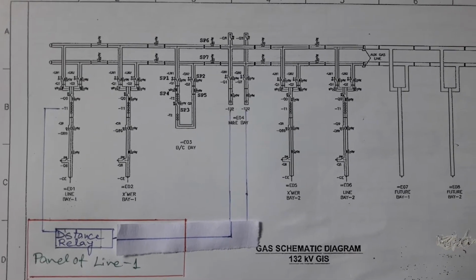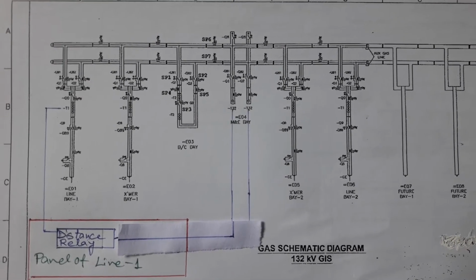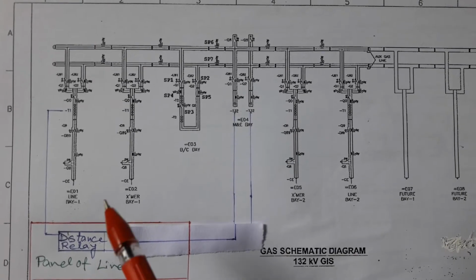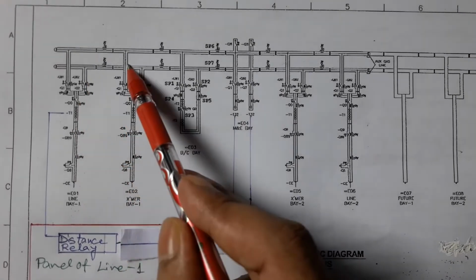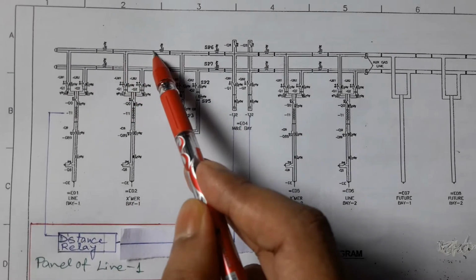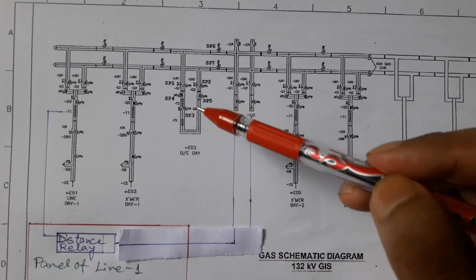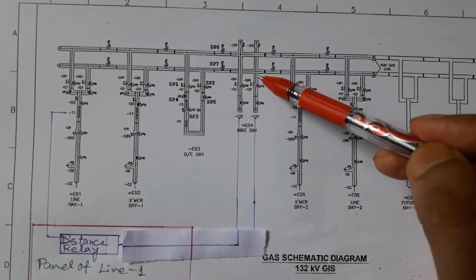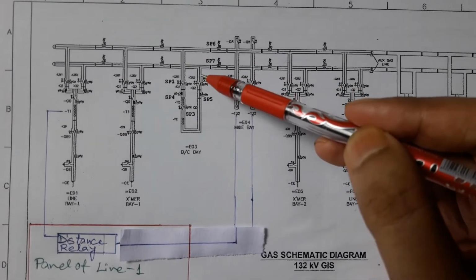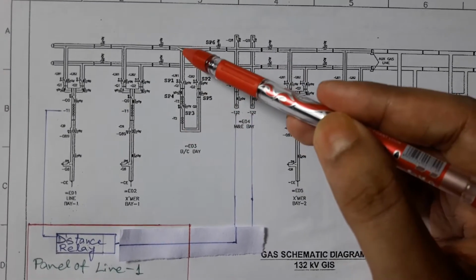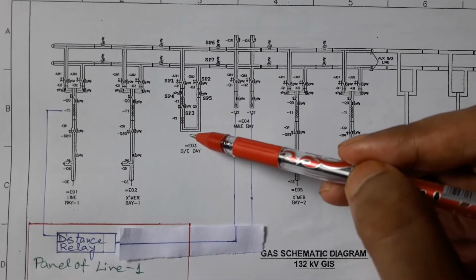Apparently it seems very easy, but what if the same bay is connected with main bus 2 instead of main bus 1? In that case, for the same fault, the voltage dip in red phase will occur in bus 2, as we already discussed that the bus coupler is opened.